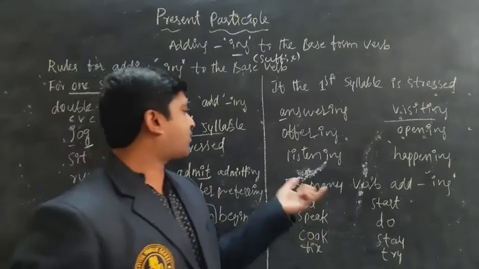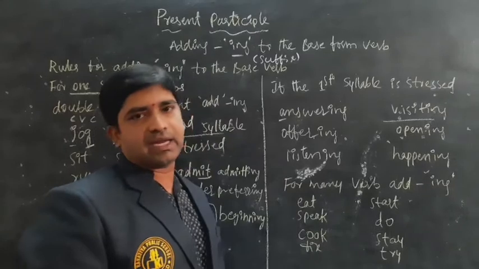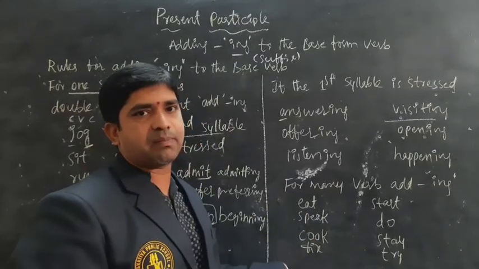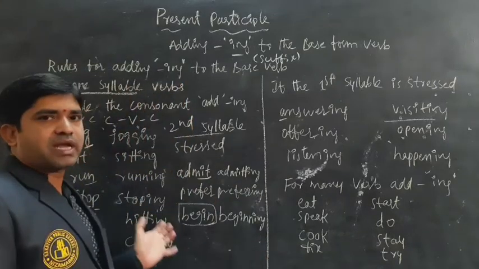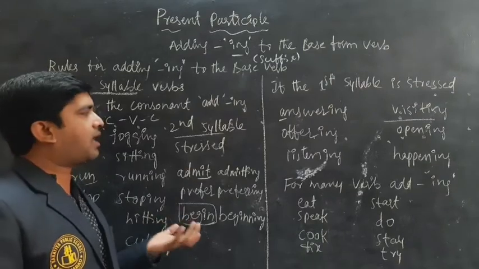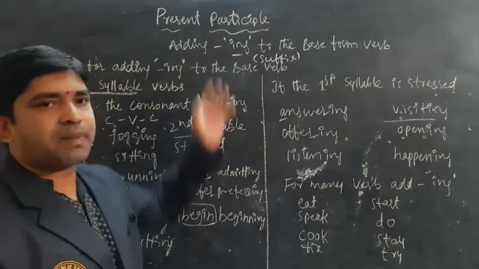Most of the verbs we simply add ing. There is no rule applicable for these types of verbs. If you remember these few rules and few words, or if you master them, you can easily use the present participle.